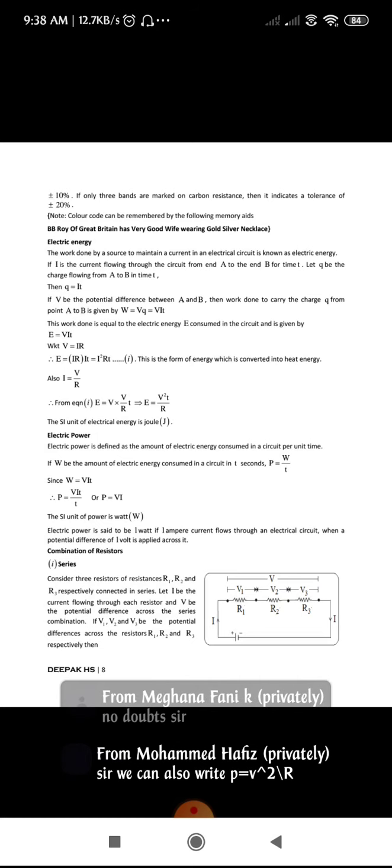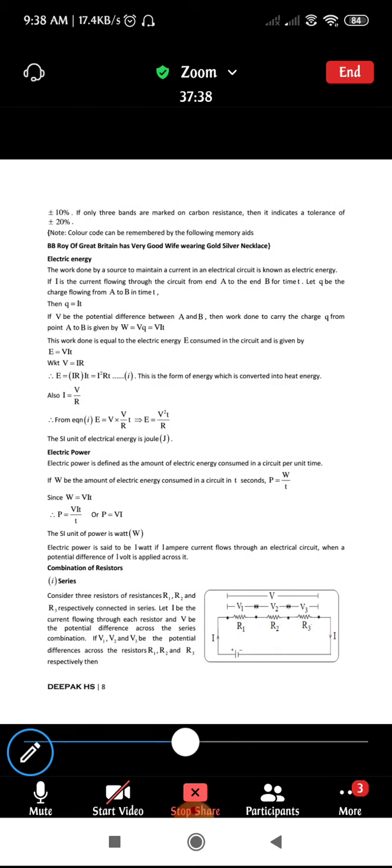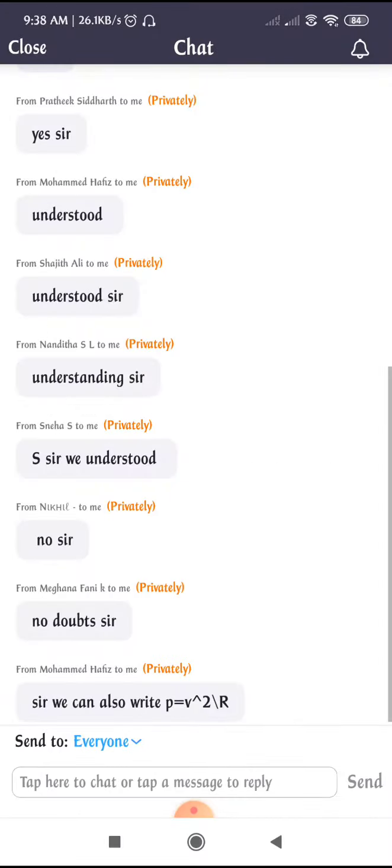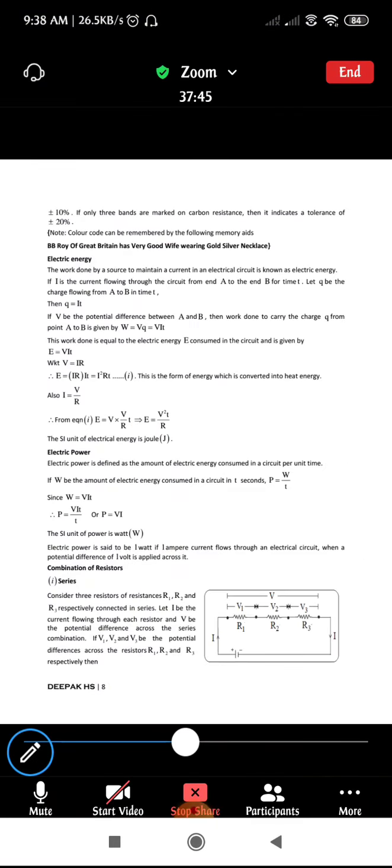See, coming to the equation, yes, Muhammad Hafiz, sir, we can also write power as P is equal to V square by R. Yeah, I think just make use of Ohm's law.